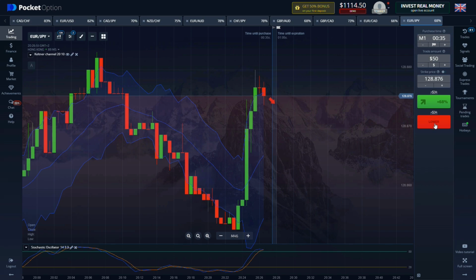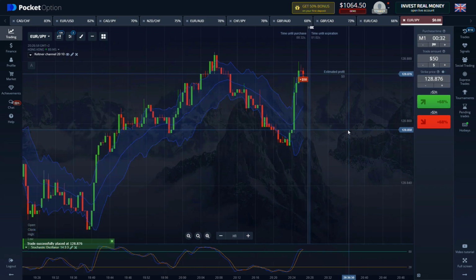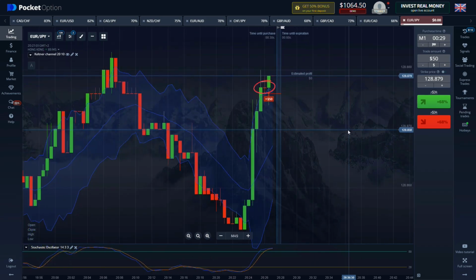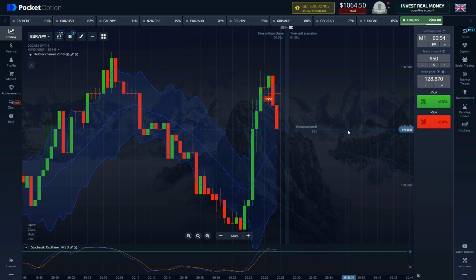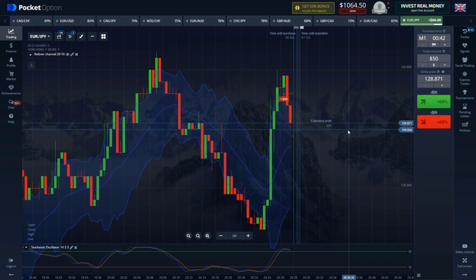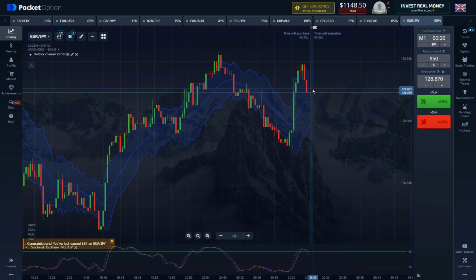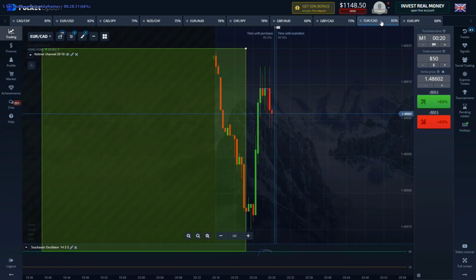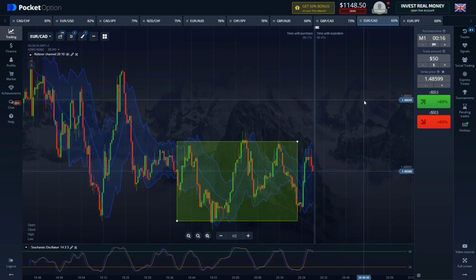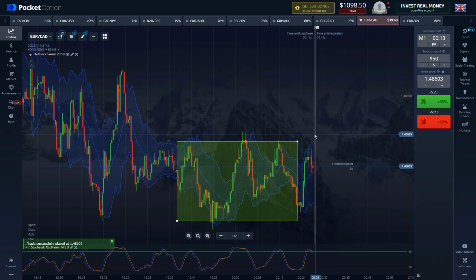You can see here the closing candle, the red candle. That candle means the trend reversal. So let's see. Nice profit. So here, that's a perfect trade.